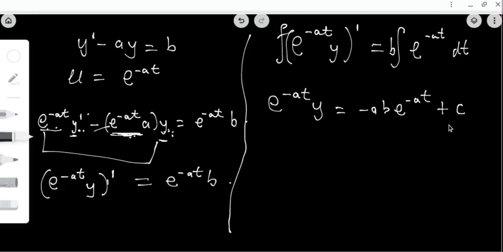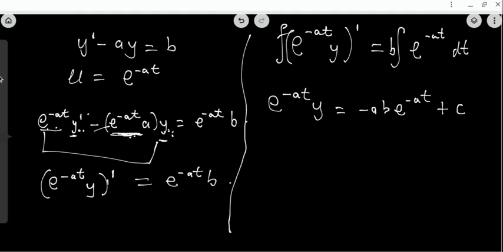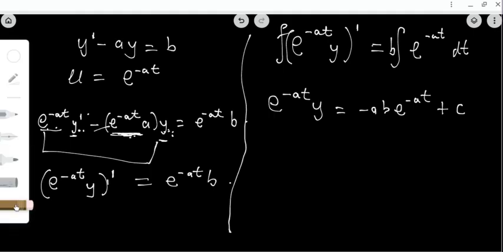I thought when you integrate, you divide rather. Wait, let me see. Yes, it's true. So that's integration, so we have to divide.